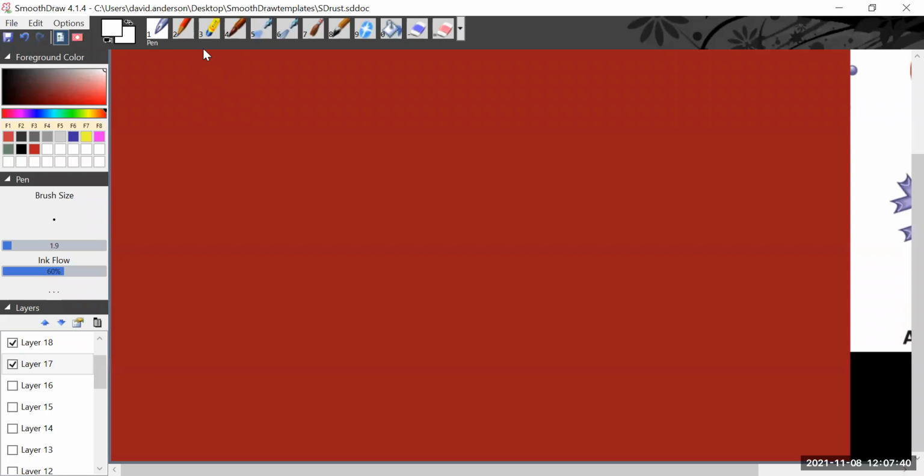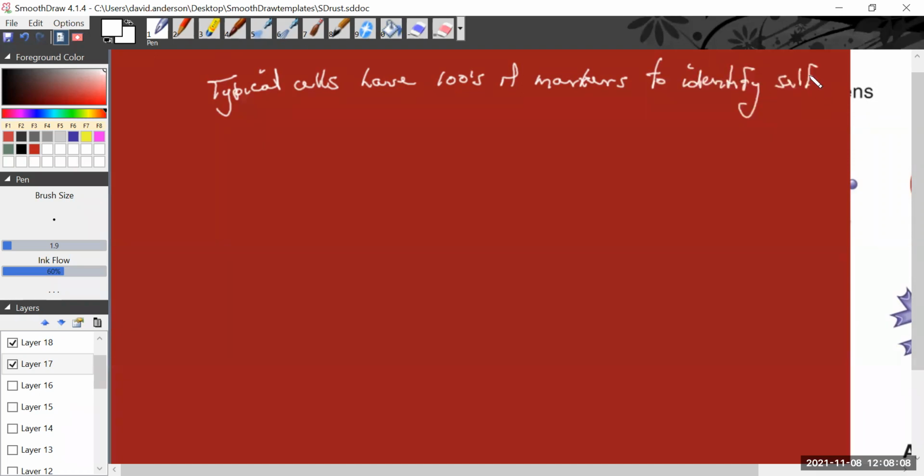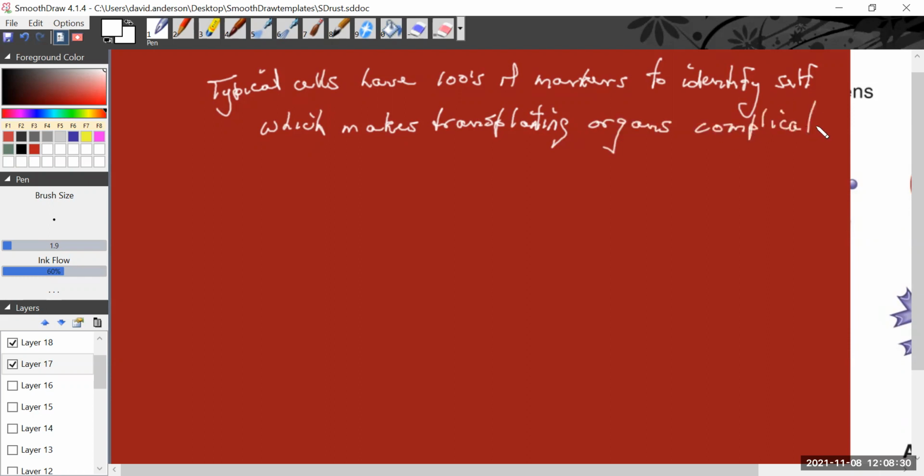So the point to make here is typical cells have hundreds of markers to identify self, which makes transplants complicated.